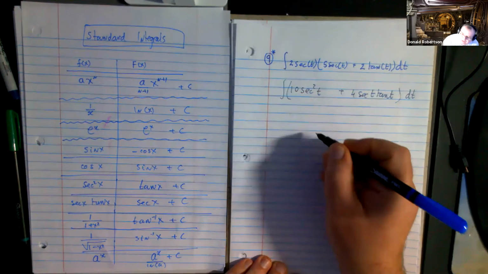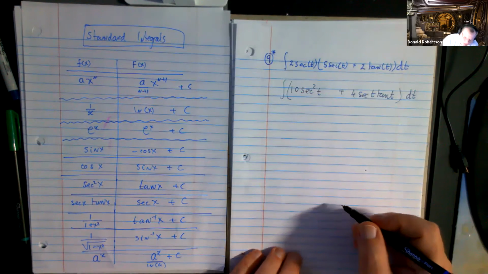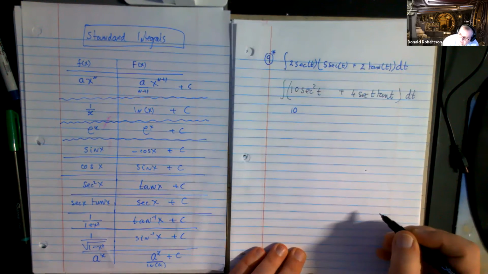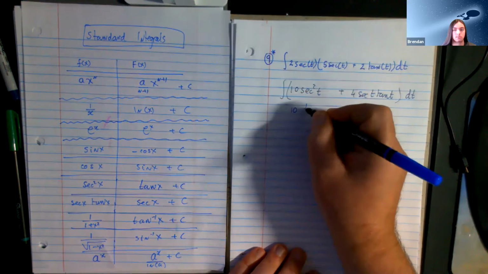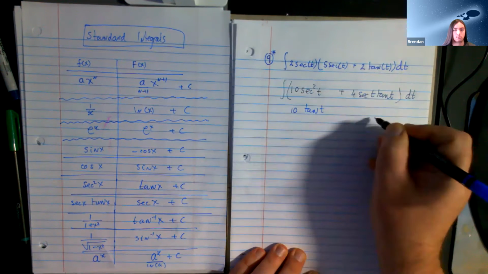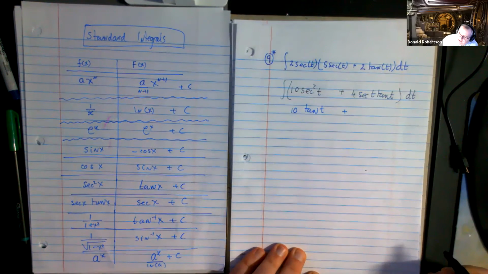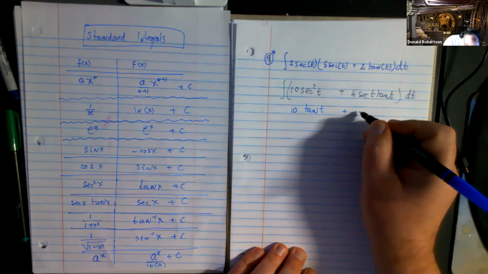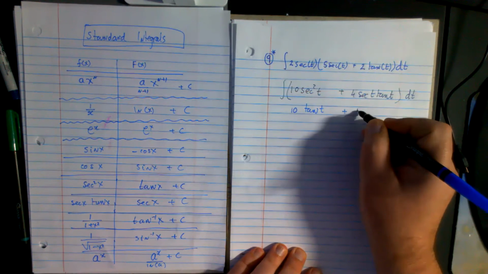Anybody want to tell me what the antiderivative of 10 secant squared is? 10 tan t. And what about 4 secant t tan t? 4 secant t.